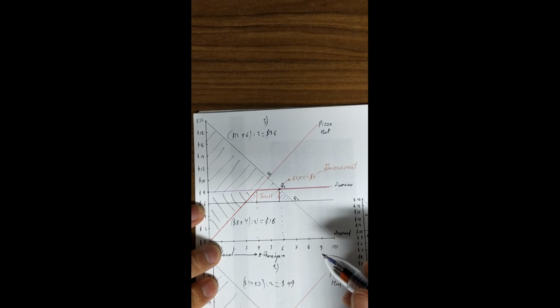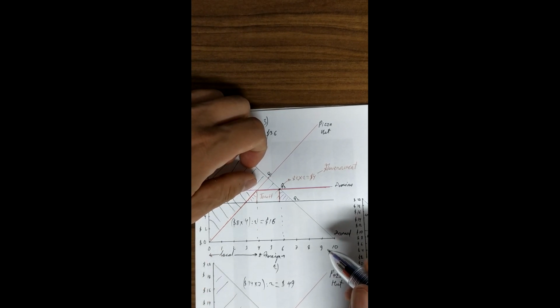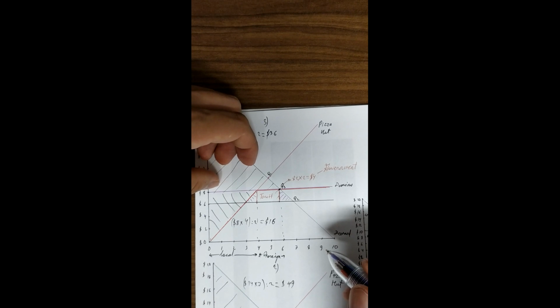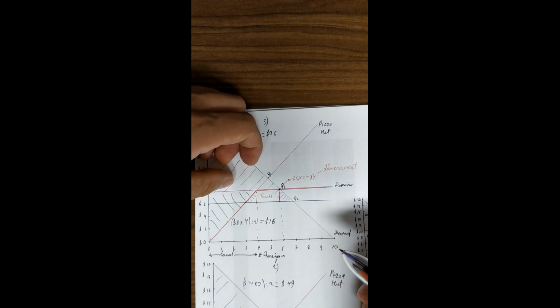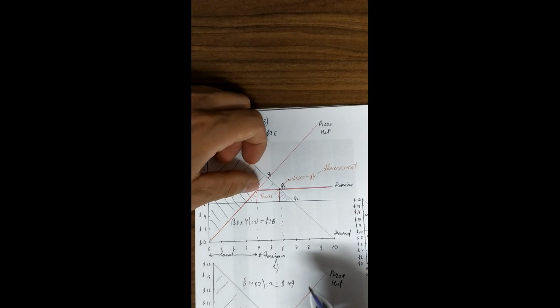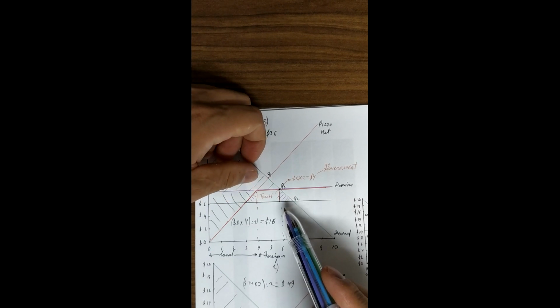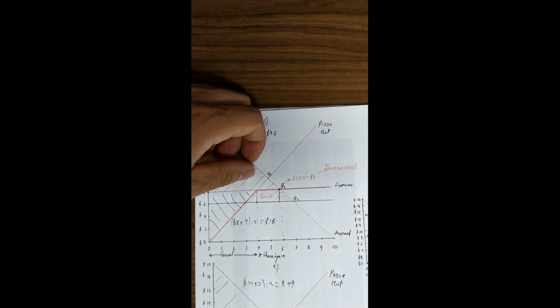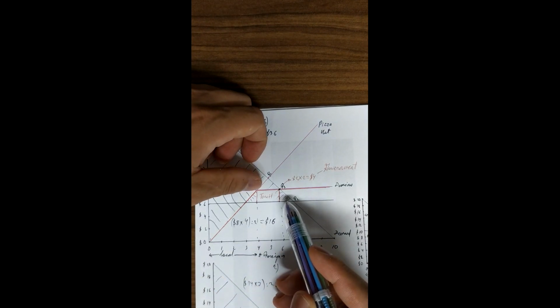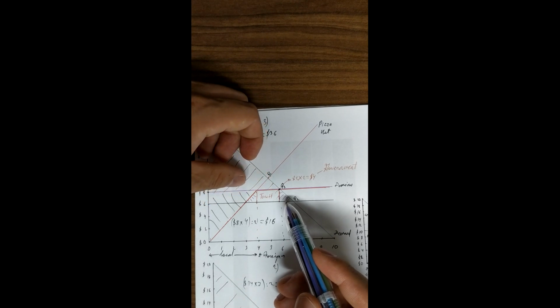He or she doesn't want to buy Domino's Pizza because they don't want to buy a pizza at $8. That's why they left the market. And also this is a half pizza area, like no one offers half a pizza to the consumers. That's why this is called deadweight loss.